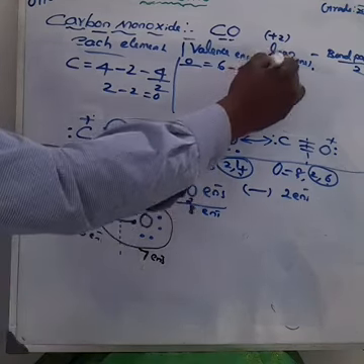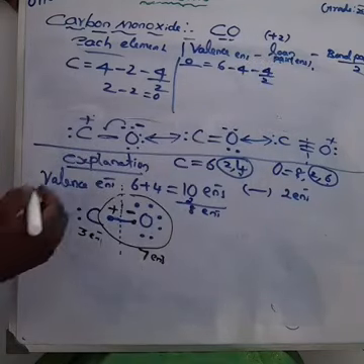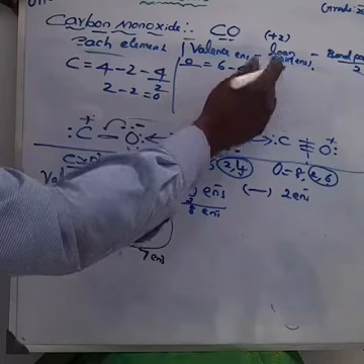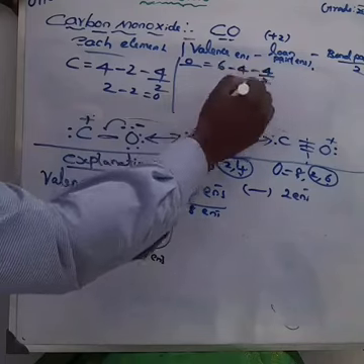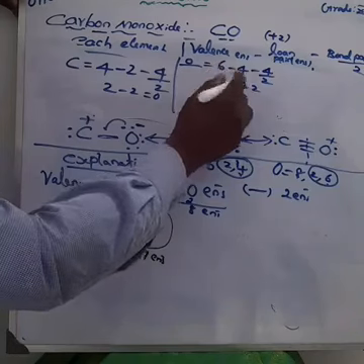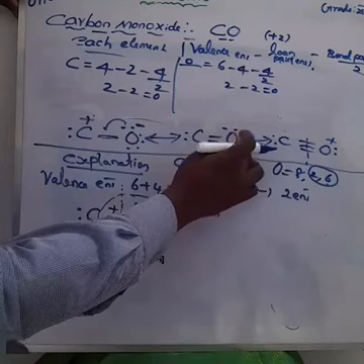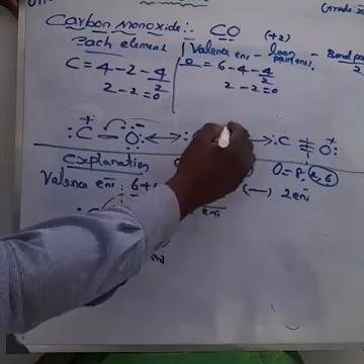So 4 by 2. So 6 minus 4 minus 2: 6 minus 4 is equal to 2, 2 minus 2 is equal to 0. Now the oxygen also carries 0 charge. Am I right?